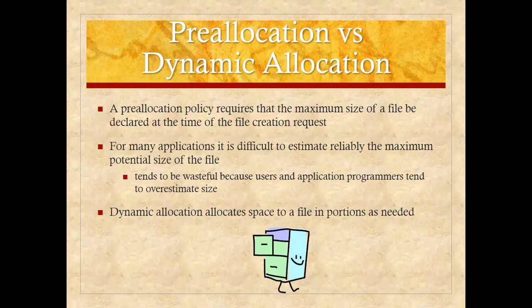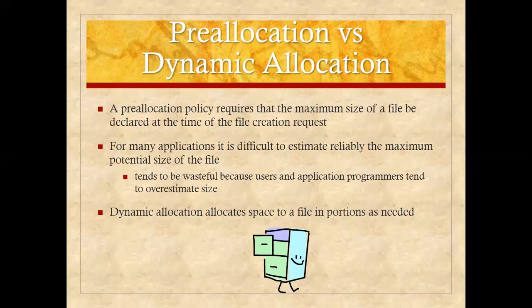Suppose you think that currently it is taking 1 MB, and in future it may take 100 MBs or it may take 50 MBs. As a programmer you are overestimating the size and reserving that particular size. It will be wastage of memory, because in future it might be a case that you are increasing from 1 MB to 2 MB to 3 MB up to 10 MB, but you have wasted 100 MBs or 50 MBs for that same file.